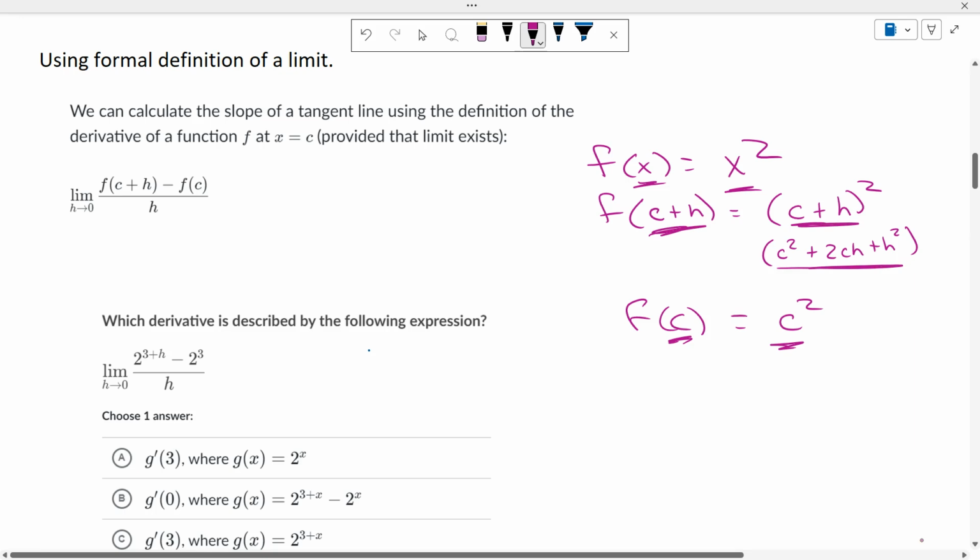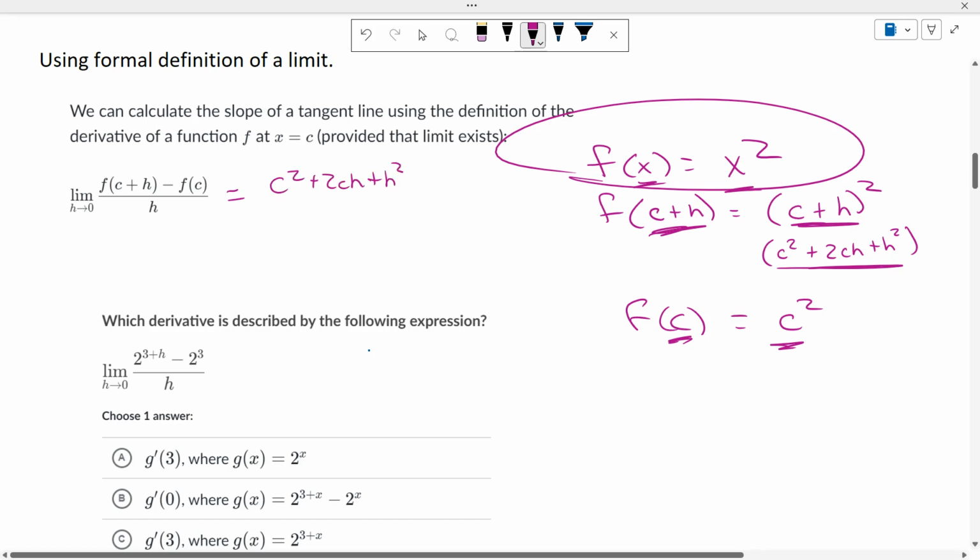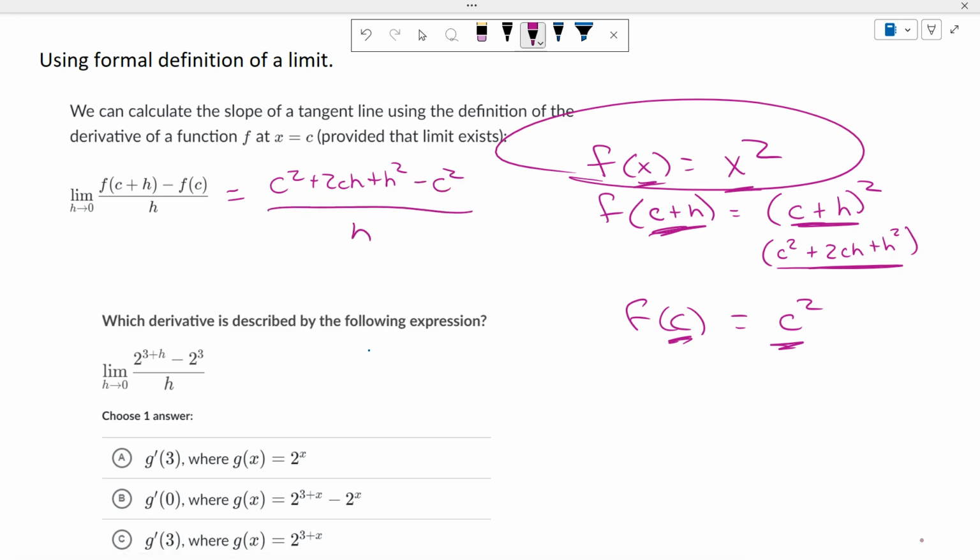Okay? So what we're going to do for this function, f of x equals x squared, we're going to put what f of c plus h equals, which is c squared plus 2ch plus h squared, minus f of c, which is c squared, all over h. Now, what's c squared minus c squared?